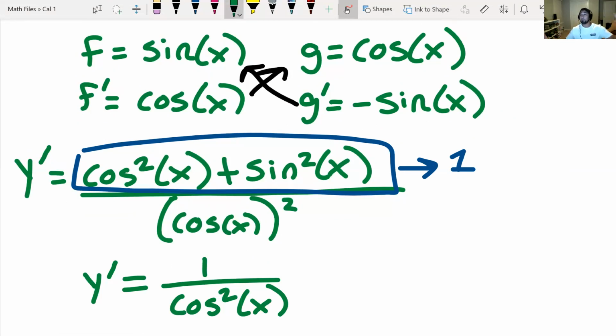But now, what identity is 1 over cosine squared? We're almost done. 1 over cosine is secant. So 1 over cosine squared must be secant squared x.